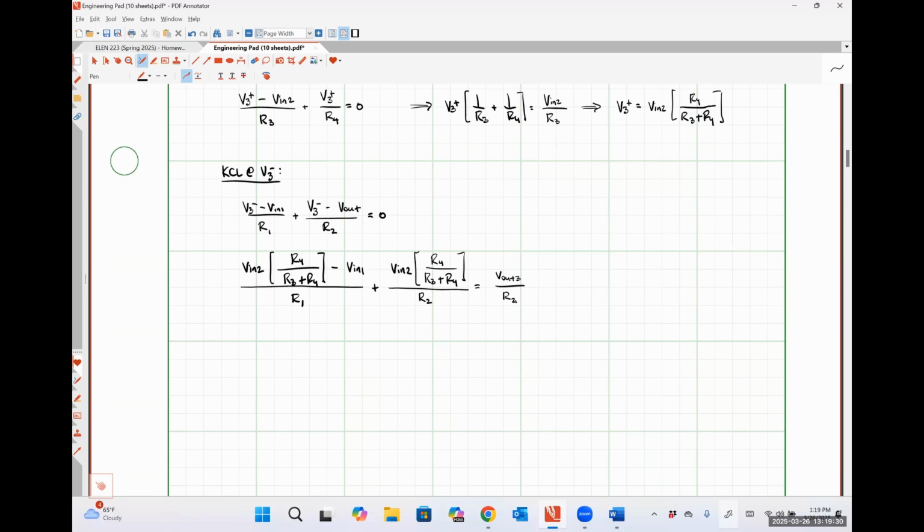And so what I can do is just multiply both sides through by R2 to get V out.